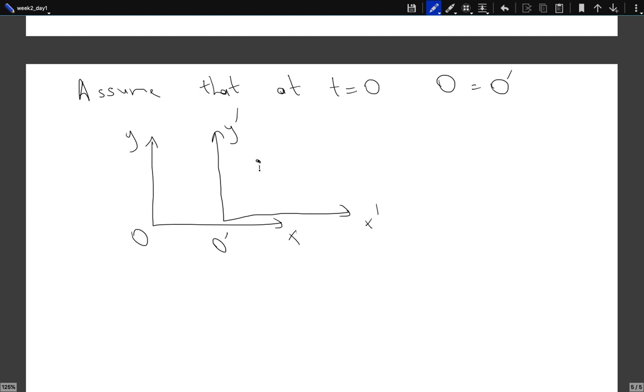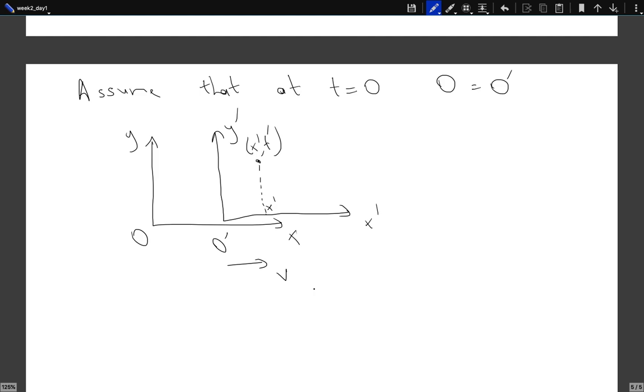And the O prime observer measures that event to happen at the time t prime, at the x coordinate x prime. For the time being, I will not be worried about the y and the z coordinates. Just the x. The O prime reference frame is moving in this direction with a speed v.